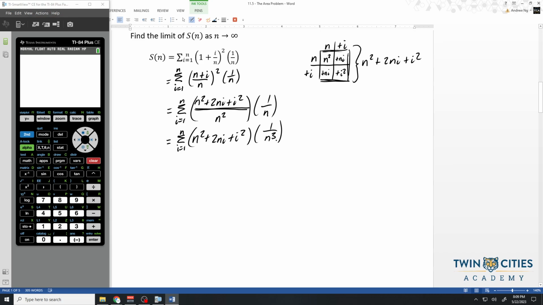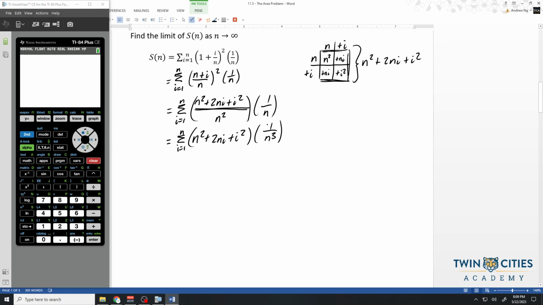Now, why would I want to do that? Remember that n is just some number. Therefore, 1 over n squared, and in this case 1 over n to the third, is going to be just some constant.